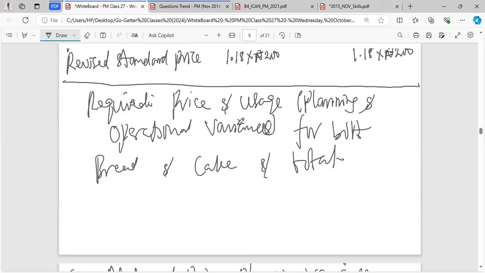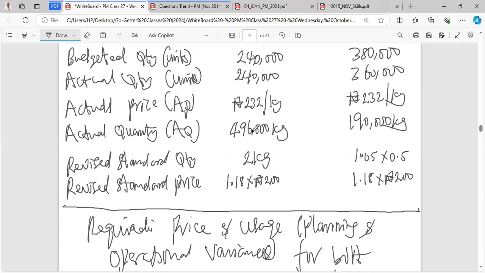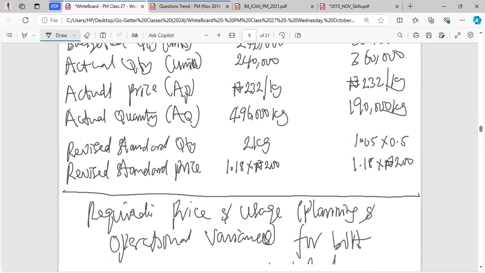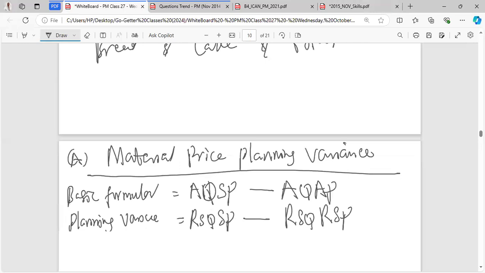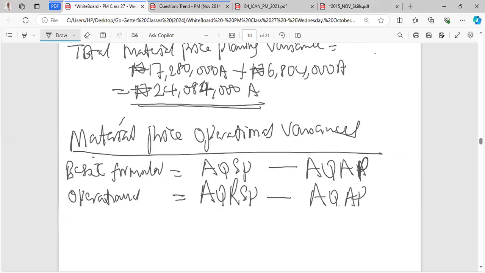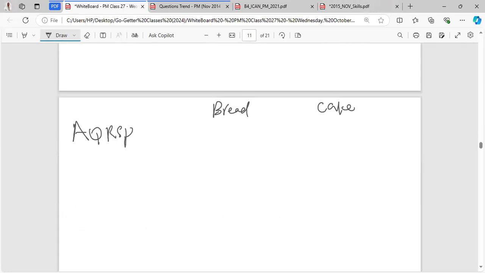Actual quantity 496,000 for bread, 190,000 for cake.